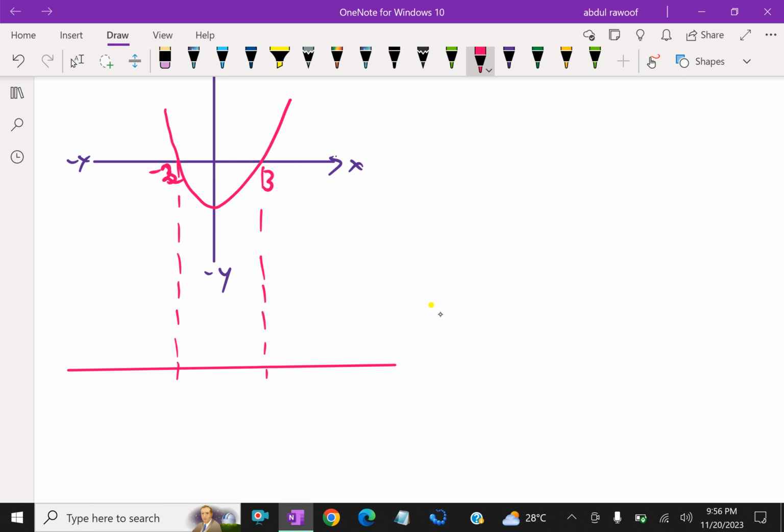This one is minus 2 and this is 3. Here in the figure, after the point 3 on the x-axis, it increases, so the sign diagram gives positive. This side, from minus 2 going left, it is also increasing.